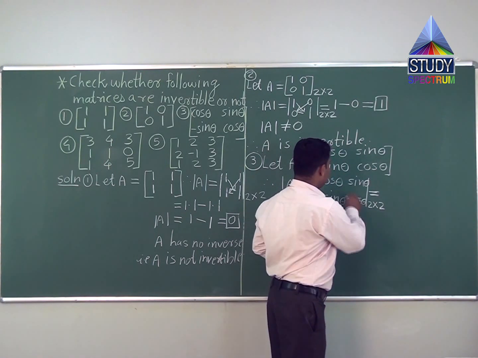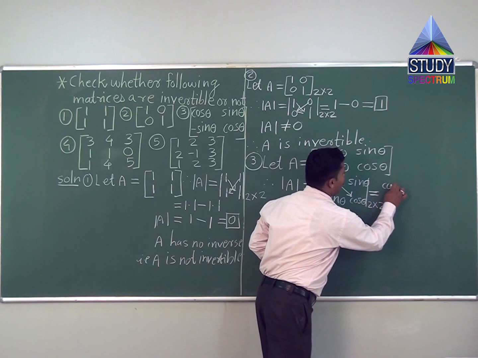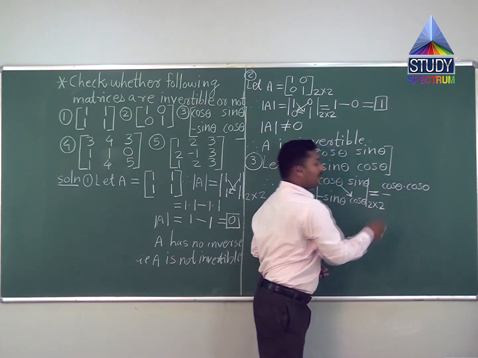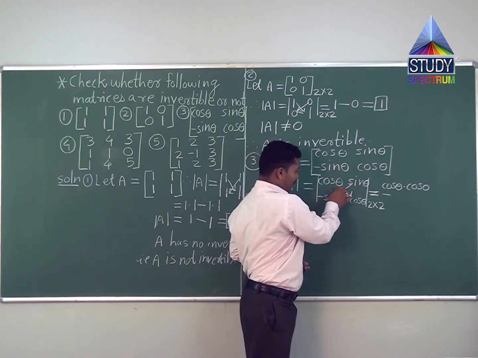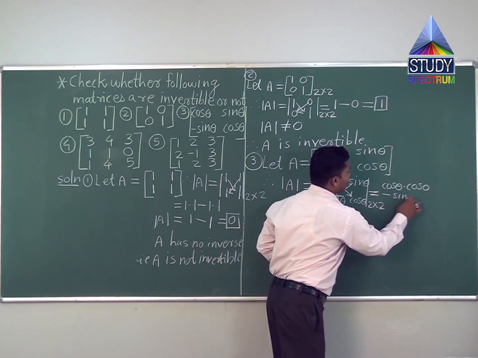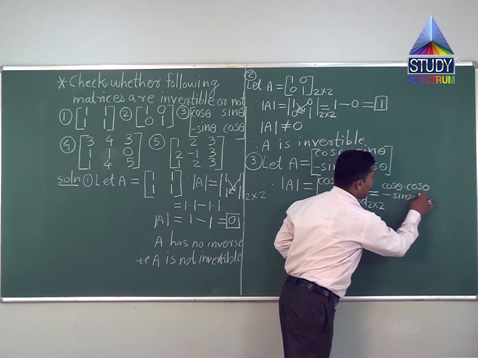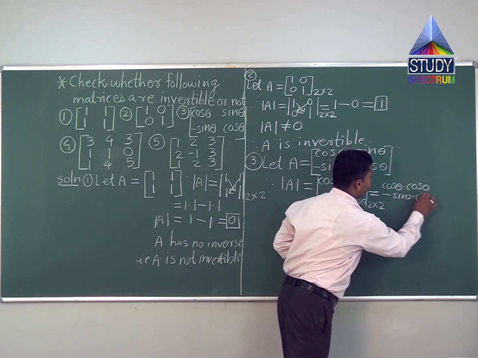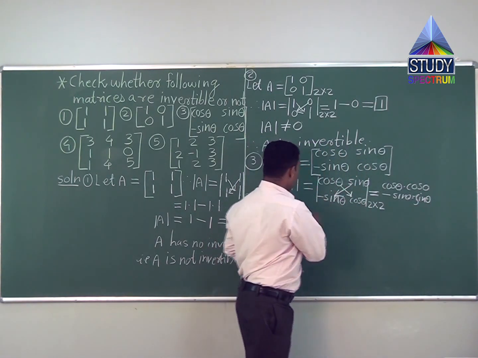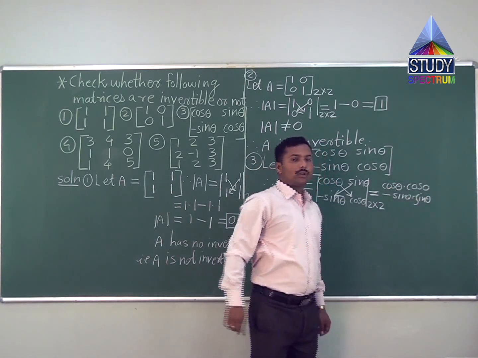Here we discuss cos theta into cos theta, minus this number into this number, so sin theta into minus sin theta, minus sin theta, equal to cos theta into cos theta, what?